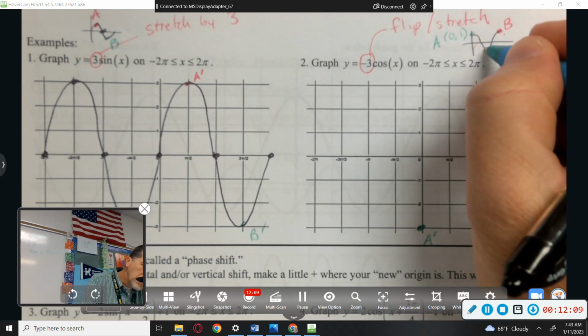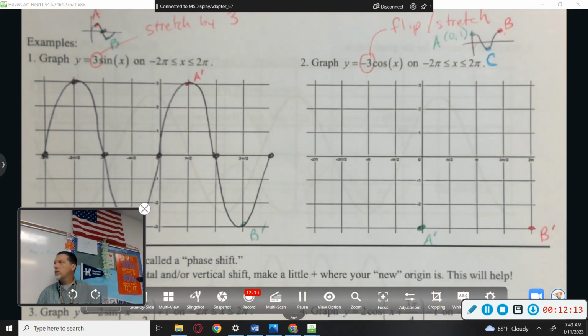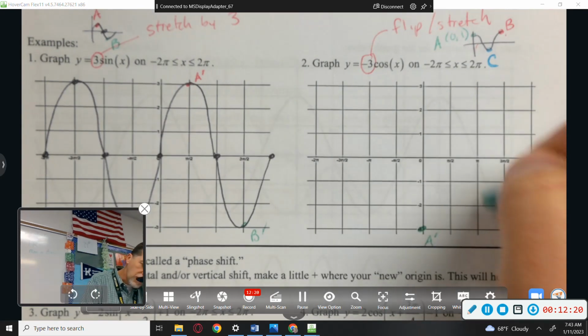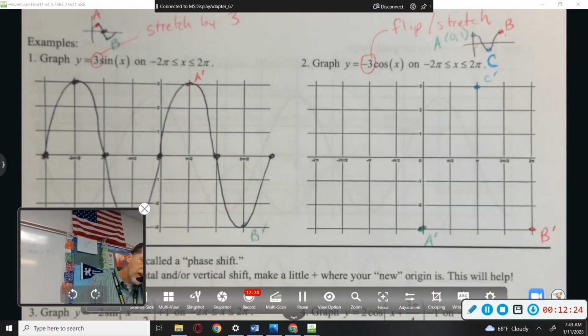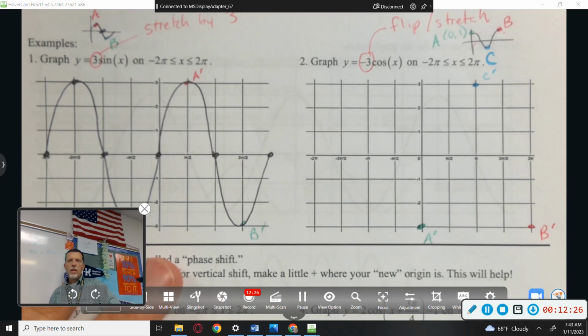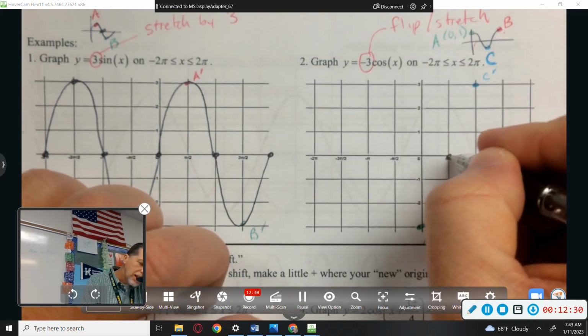Then I'll do my middle point, which used to be at a minimum, but when I flip it, it becomes a maximum. So it's going to be all the way up here now. And halfway in between, it's on the midline.